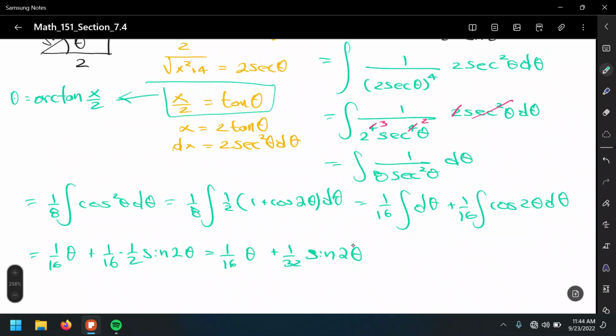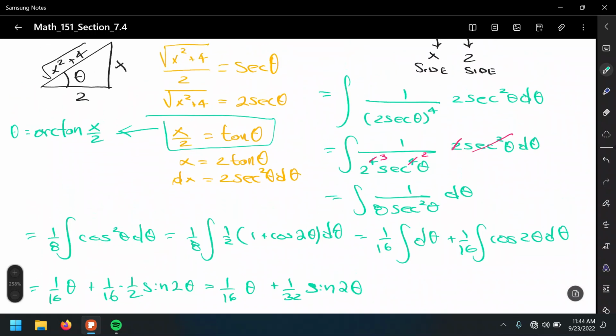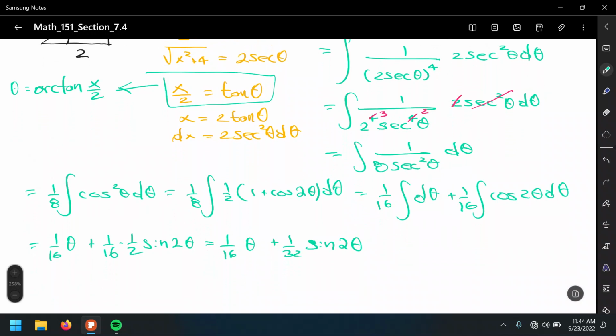But in this case, notice the double angle here. The setup that we did for this integral calls for single theta, single angles, not double angles, not quintuple angles, not millions of angles, right? So we need to use another trigonometric identity here. How about in this case the double angle identity for sine?